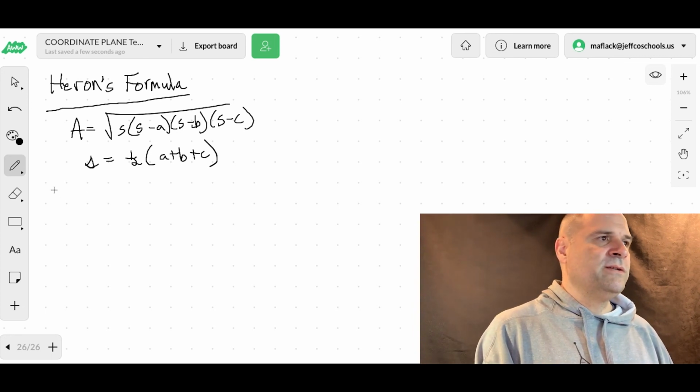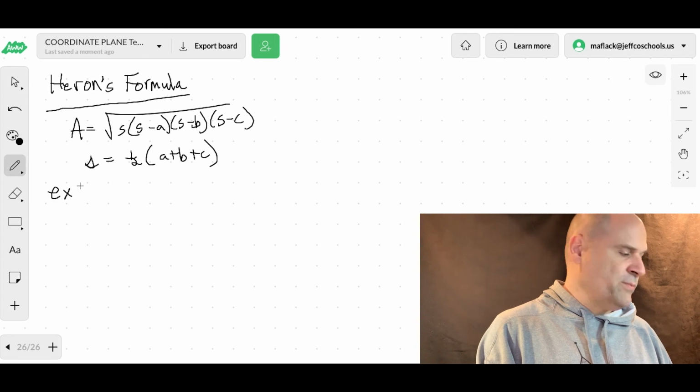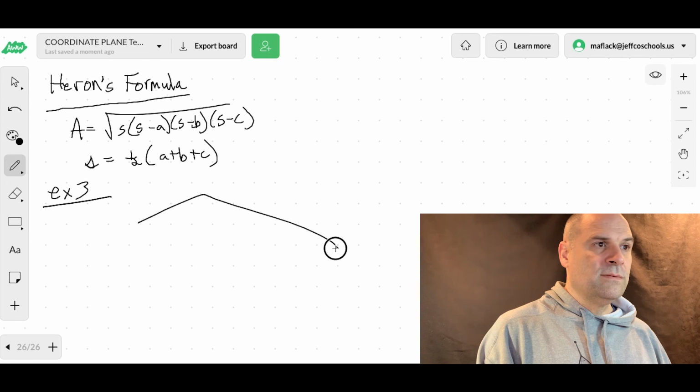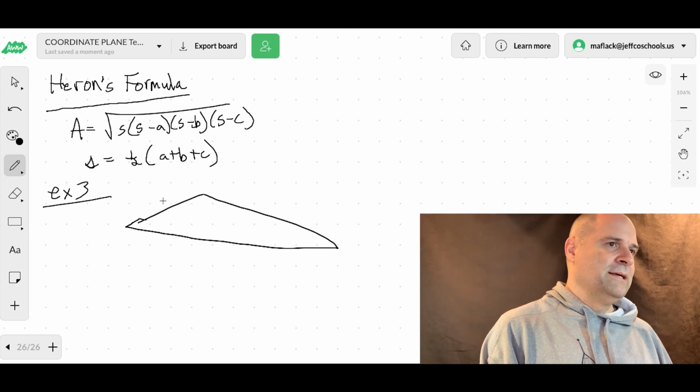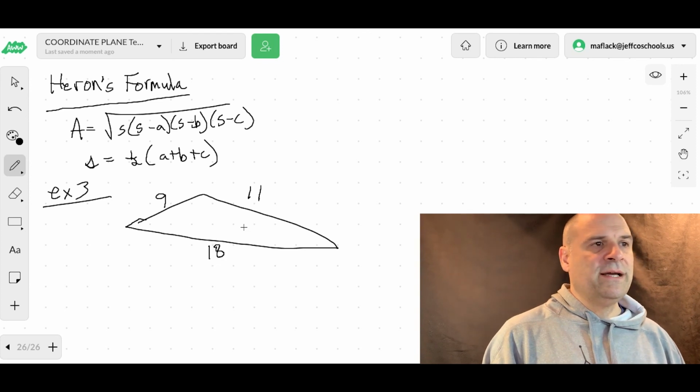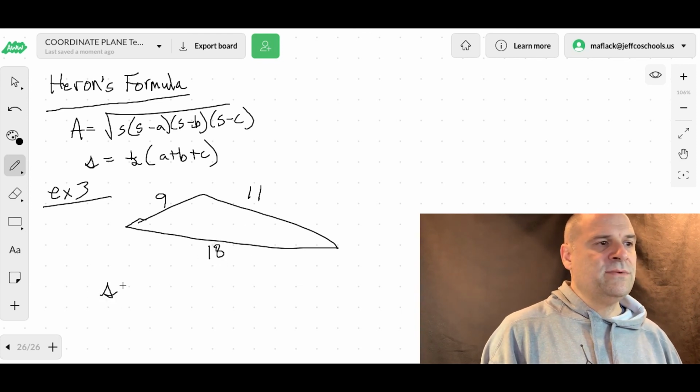Using this formula, we're going to do Example 3. Here's our triangle: 9, 11, and 18. So we're going to apply Heron's formula. S equals 9 plus 11 plus 18, all divided by 2.